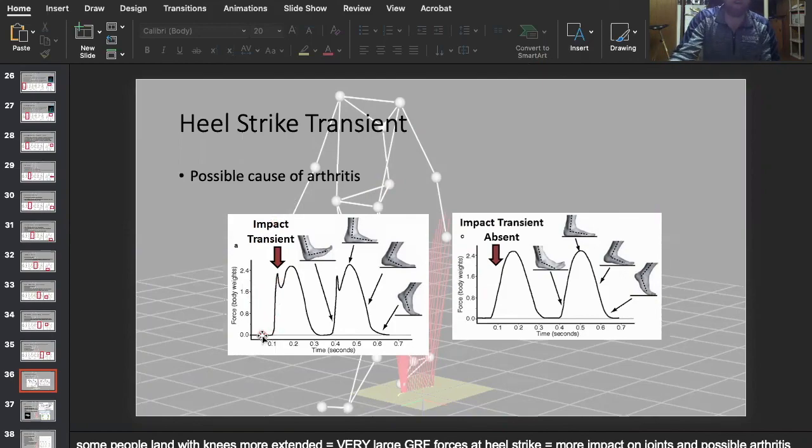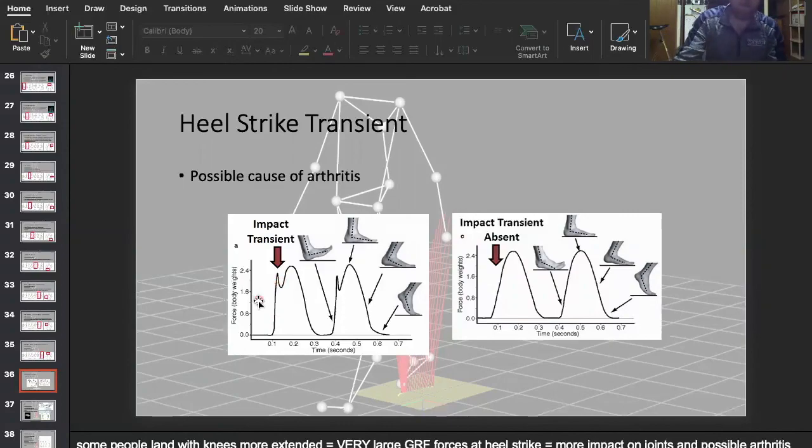When we don't use that mechanism very well, and this goes for a lot of people, especially some older people who don't have great control of the knee joint, what will end up happening is they'll end up landing more fully extended and bam, land right on their heel.